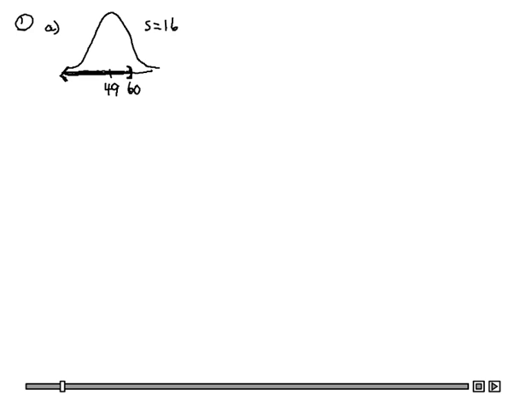Now, density functions are set up so that to calculate the probability of being in the interval, it's the area under the curve above the interval. So I need to find the area under the curve here. The probability that x is less than or equal to 60 is the area under the curve of the density function above the interval.